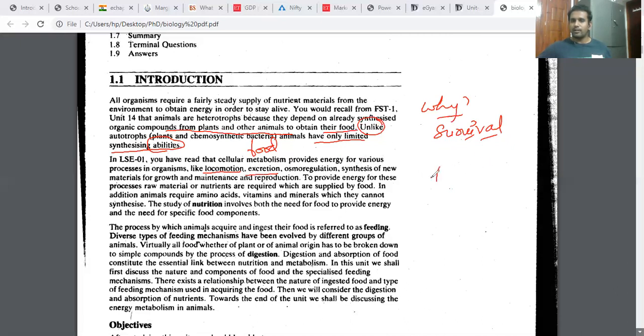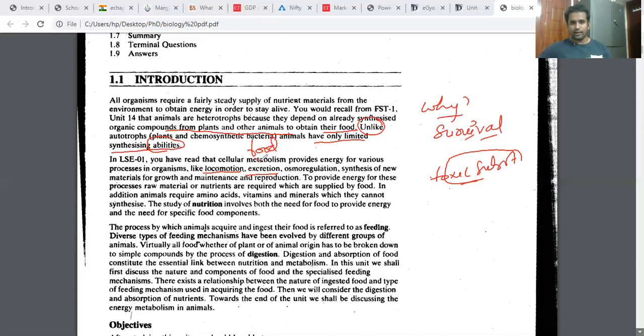Otherwise, what will happen? In many of our processed foods and whatever masalas we use, lots of toxic substances will be there. A micro proportion, but definitely toxic substances will be there. It is not the case that they will not be there at all. Even when brushing, some toothpaste may go into our mouth. So a lot of toxic substances come into our body through food intake.